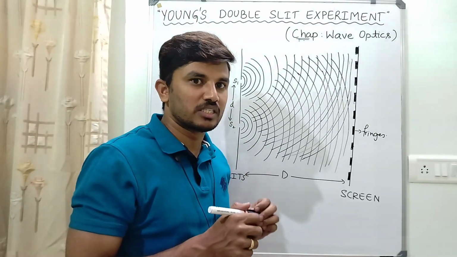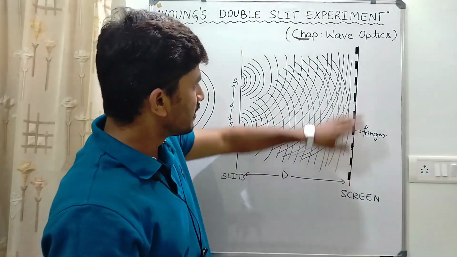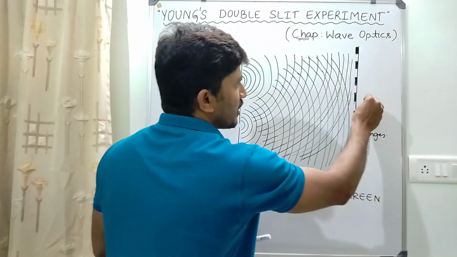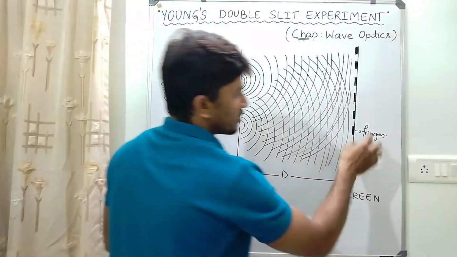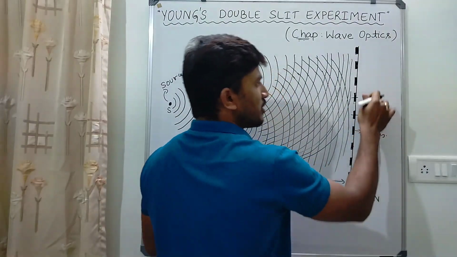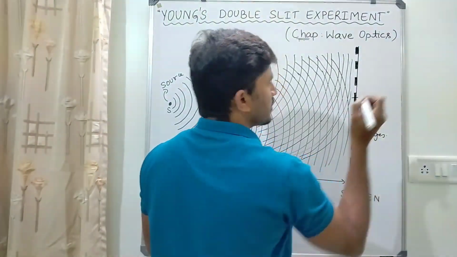So look at the screen now. Here, when these two light waves join together, they form an intensity pattern and they are called fringes. The distance between one fringe and the consecutive fringe is called fringe width.